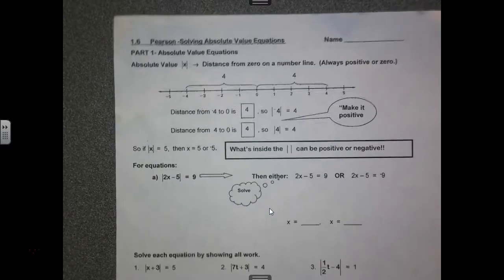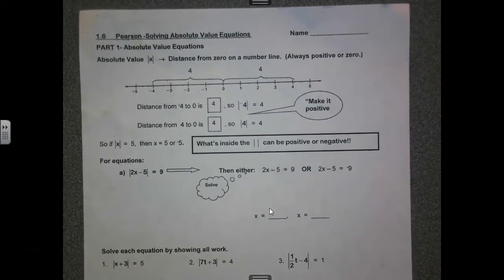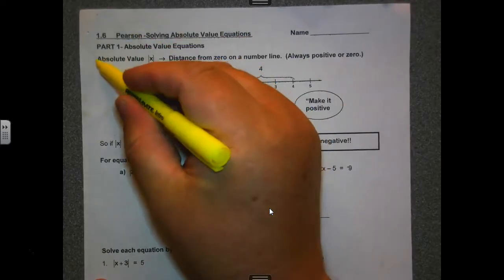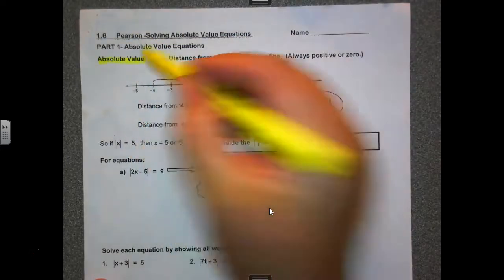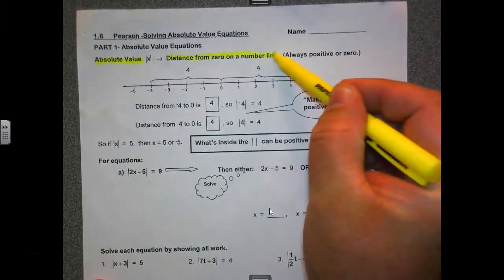Okay, now, what is absolute value? Think back to your elementary days. I know it's going to be tough. What is the definition of absolute value? No, it's the distance from 0 on a number line.